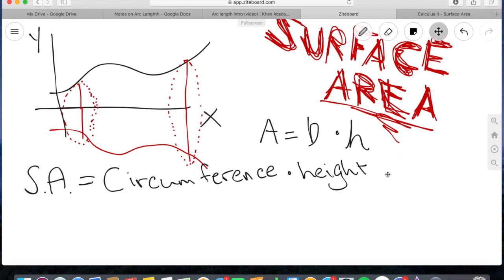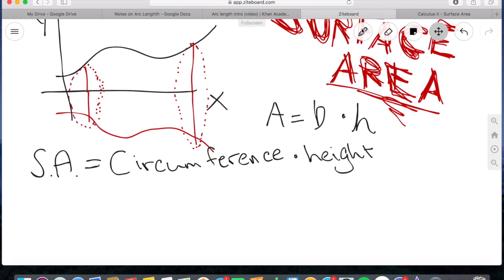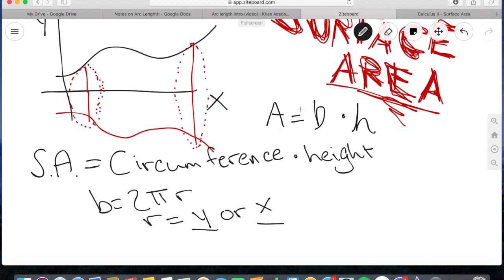Circumference is just 2 pi r, and r can either equal y or x, depending on whether you are revolving around the x-axis or the y-axis. So we know that base equals 2 pi r.